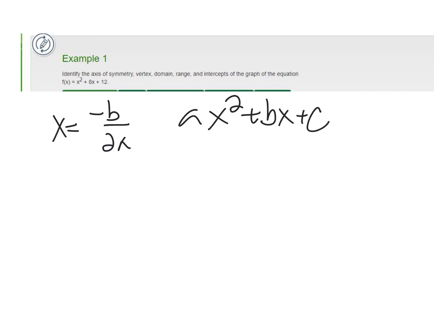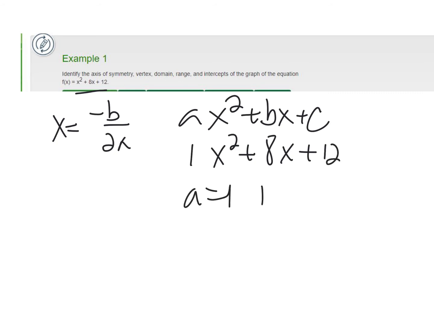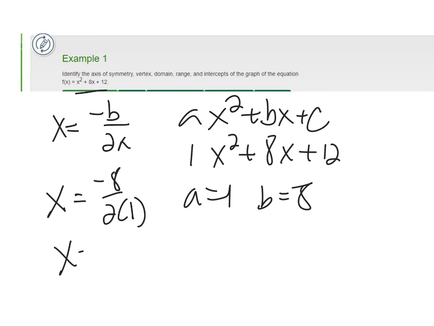So for this equation, I see 1x squared plus 8x plus 12. So a equals 1, b equals 8. The axis of symmetry is the vertical line that goes through the vertex. I'm doing negative 8 over 2 times 1. So that works out to be negative 4. So x equals negative 4 is the vertical line that this parabola has a vertex on.